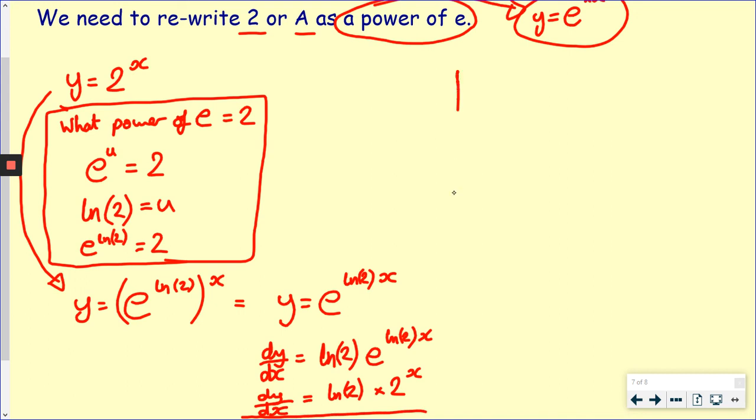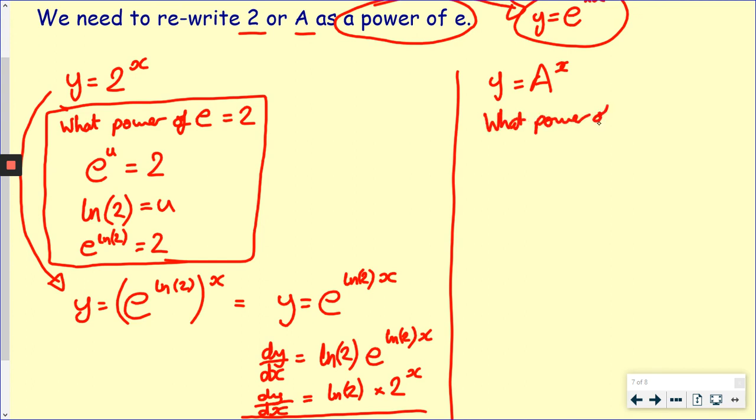Let's try more generally with y equals a to the power of x. So again, ask ourselves the question, what power of e equals a? And you don't have to write as much as I did there. We can just write e to u equals a.